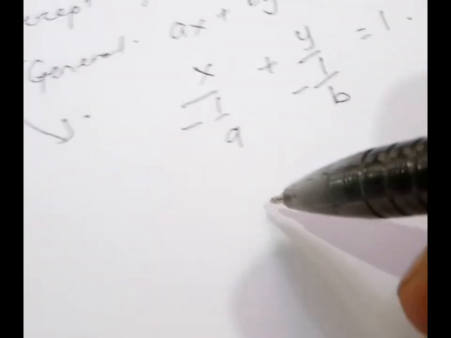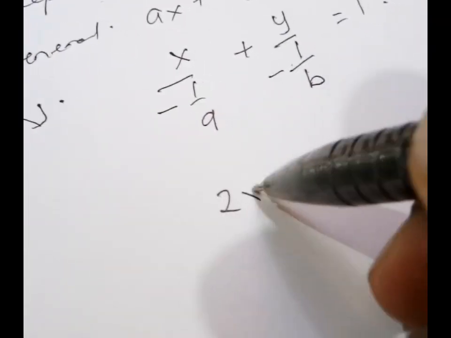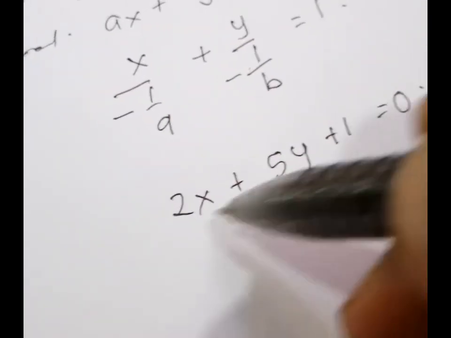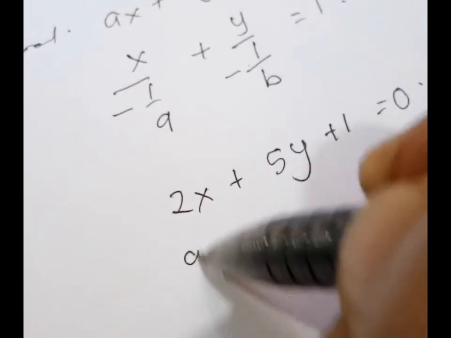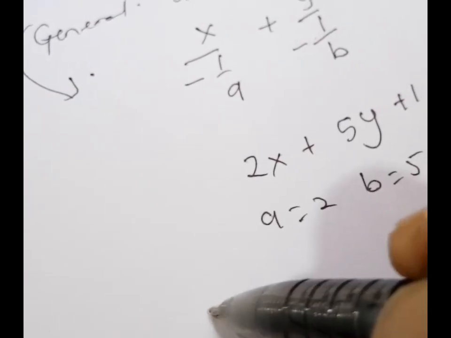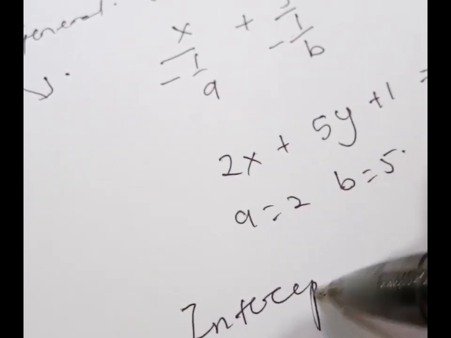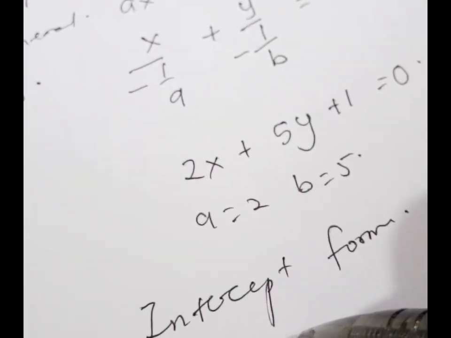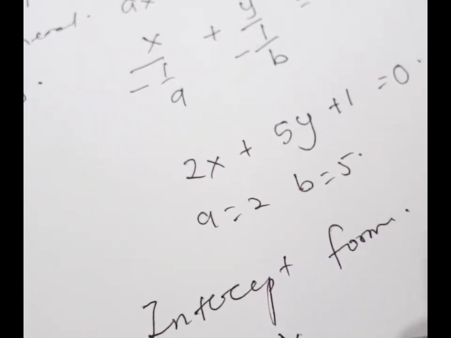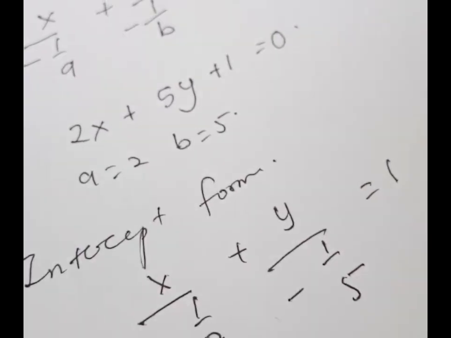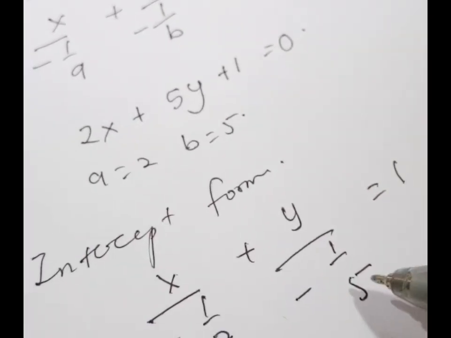For example, earlier we had 2x plus 5y plus 1 equals 0, where a is 2 and b is 5. So in intercept form, we have x over minus 1 over 2 plus y over minus 1 over 5 equal 1. This is intercept form.